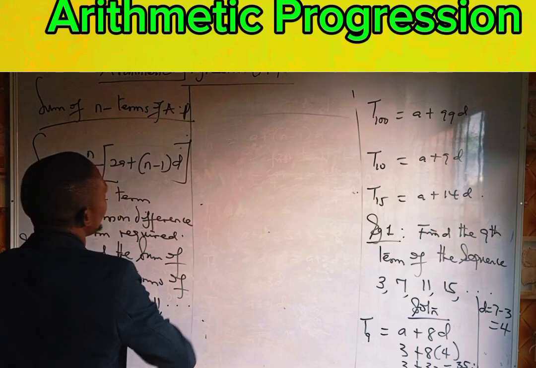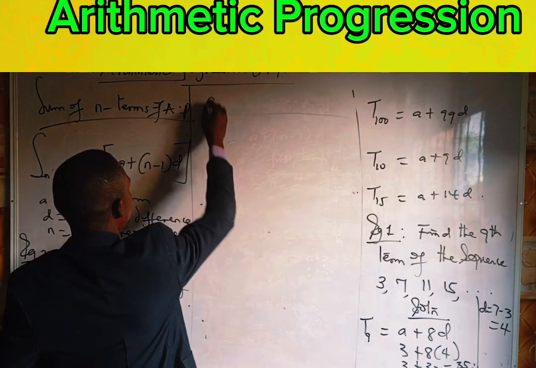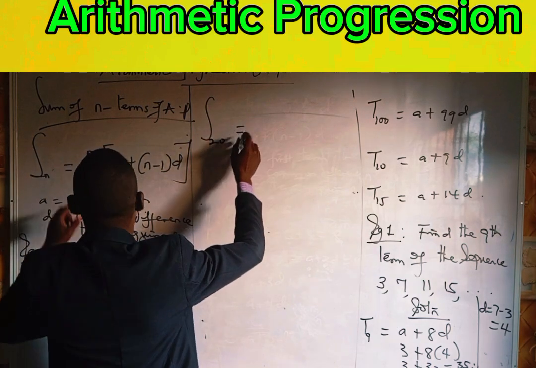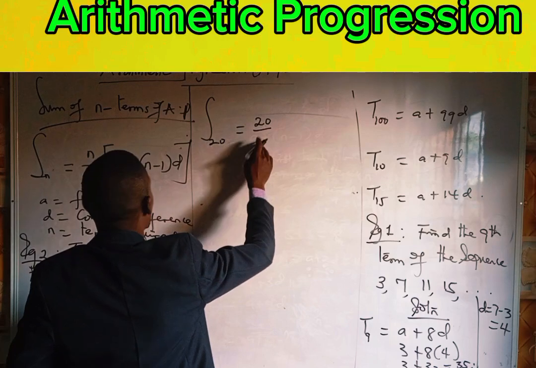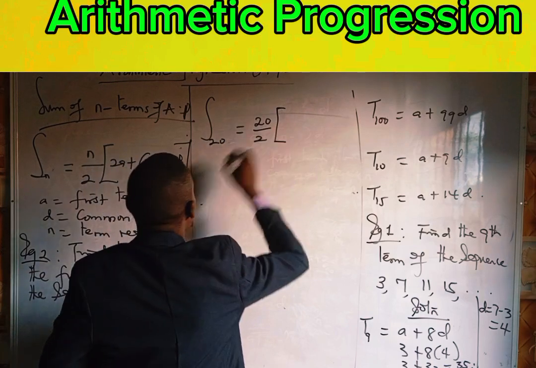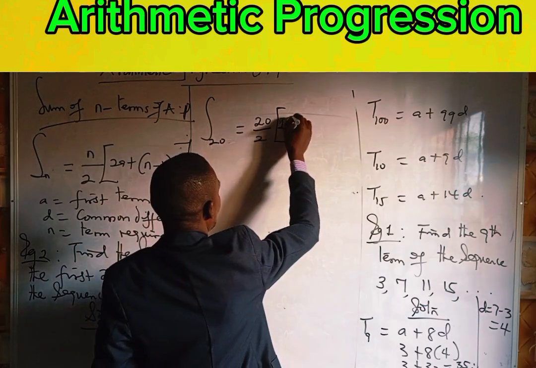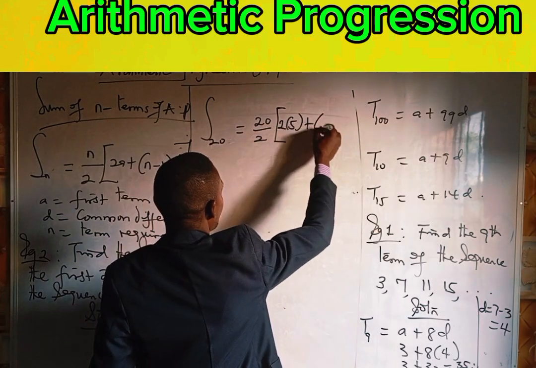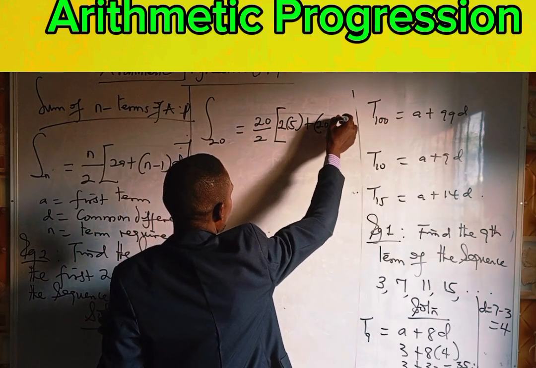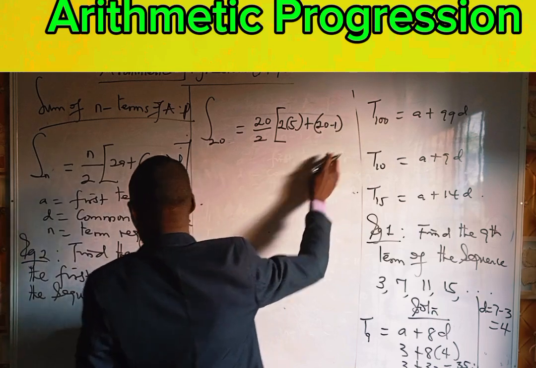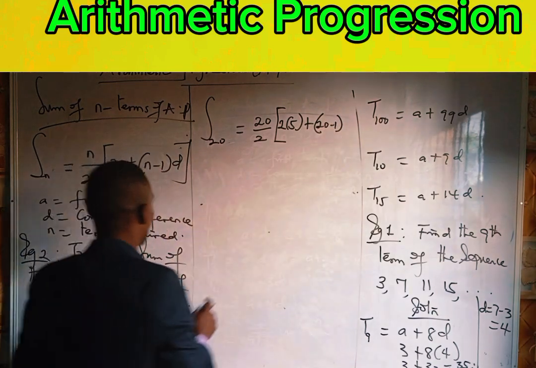My n is 20. So I will write S20 equals 20 divided by 2 square bracket. What is my a? My a is 5, plus 20 minus 1. What is my d? My d is 8 minus 5, which is 3.